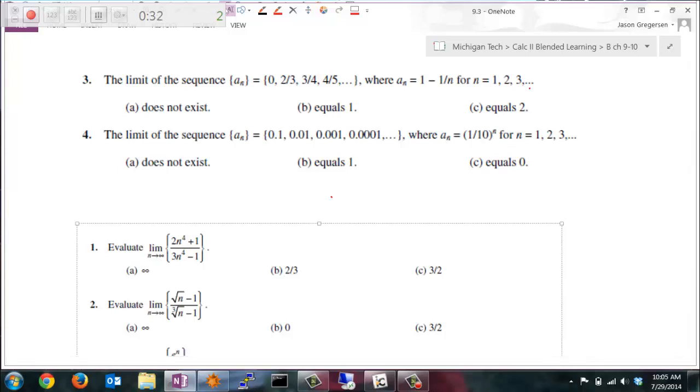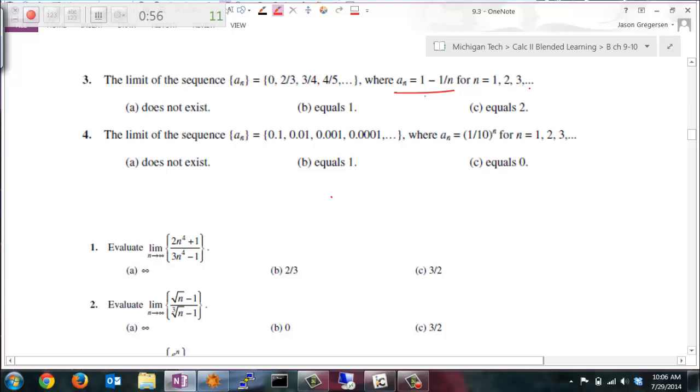Equal to 1, equal to 2. The limit of the sequence, 1 minus 1 over n.